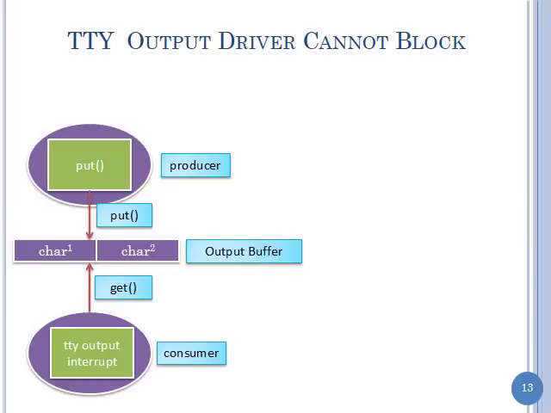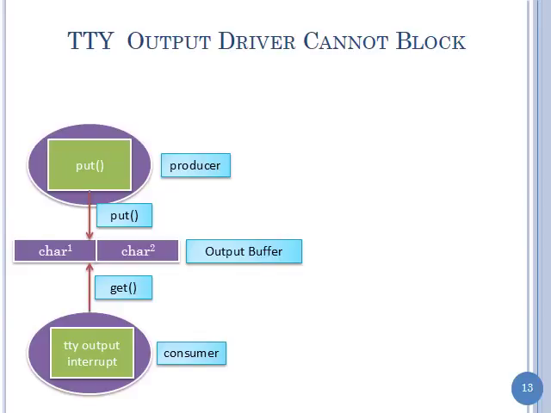See the problem? If I already have a full buffer, no problem. I printed out 10 characters, and somehow interrupts got started up. Interrupt number 1 consumes the first character, interrupt number 2 consumes the second character, till we get to the 10th character. It consumes the 10th character, all 10 characters out. Now after 10 minutes, I put another 5 characters.